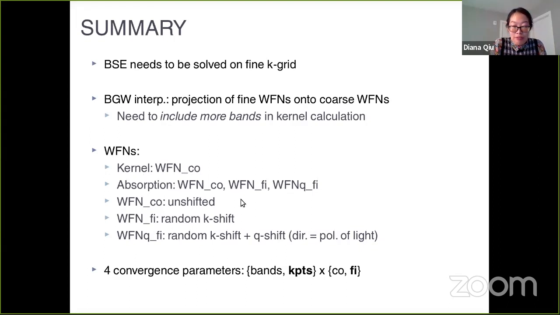Then we have WFN_fi, which is the fine wave function with a random k-shift, and then WFNq_fi, which is the fine wave function with a random k-shift and a small q-shift, which describes the polarization of the light. These last two wave functions are used by the absorption code. And when we do the BSE calculation, we have 4 convergence parameters: the bands on the coarse grid and fine grid, and the k-points on the coarse grid and fine grid.